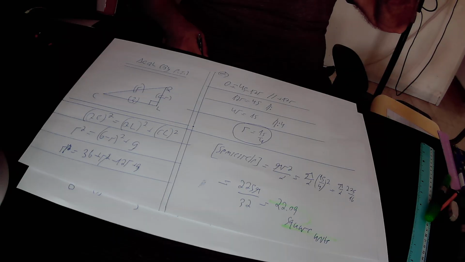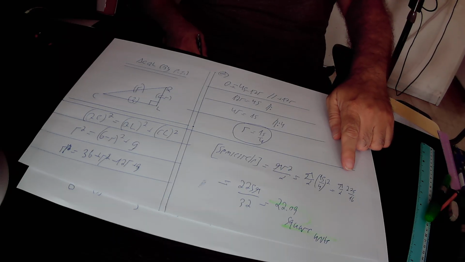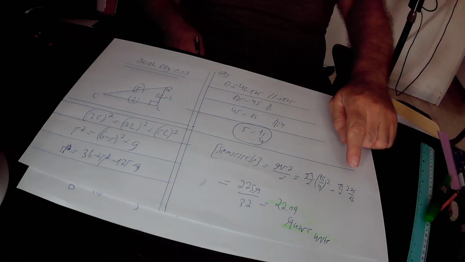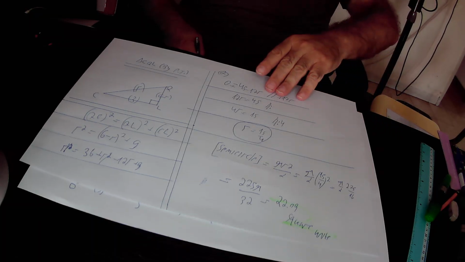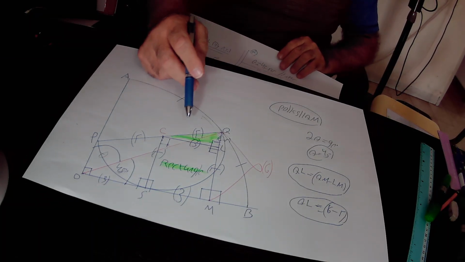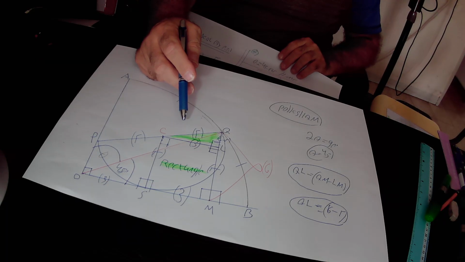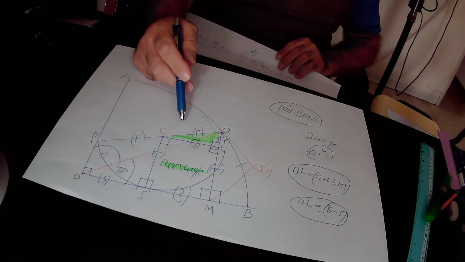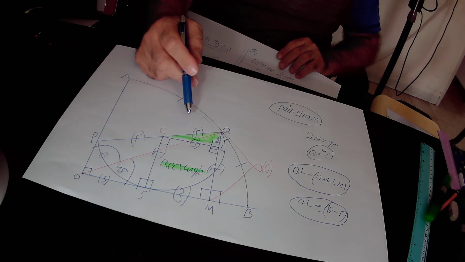So in total, the area of the semicircle equals 225 pi over 16 times 2, that is 32. The area of this semicircle equals 225 pi over 32 square units in size, or in terms of numbers, 22.09 square units in size.